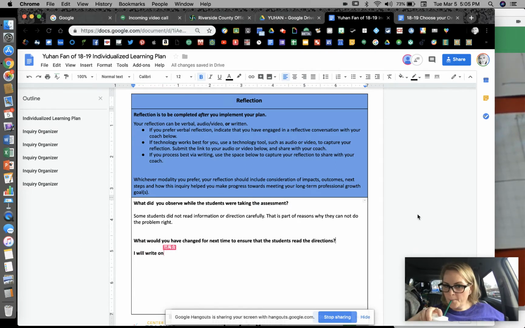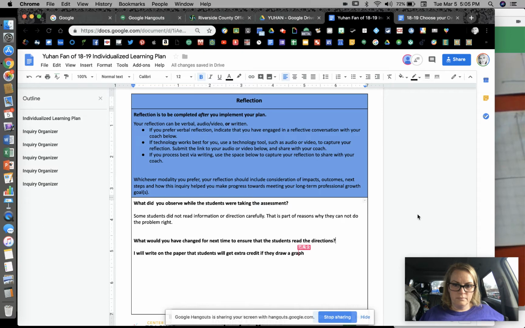Write on the paper that students will get extra credit if they solve a graph on the right corner of the paper.